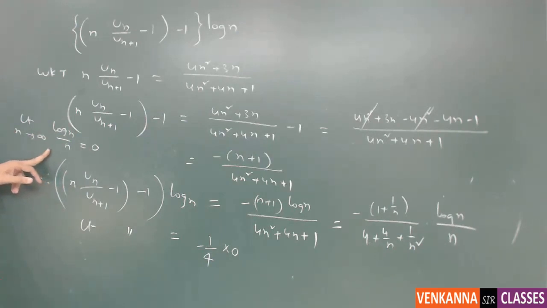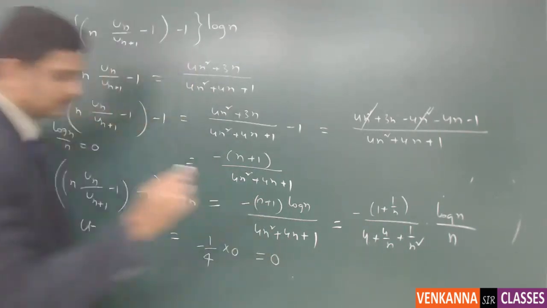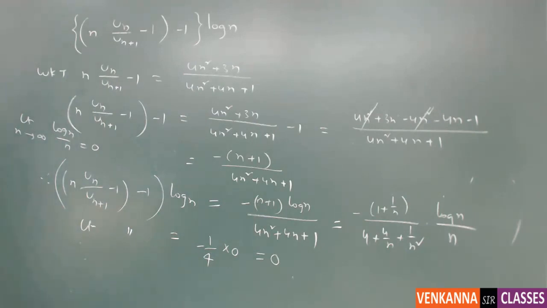Accepted? You can apply L'Hospital rule, so the value will be equal to 0. So the total value is equal to 0. Therefore, by De Morgan and Bertrand test, the given series is divergent.